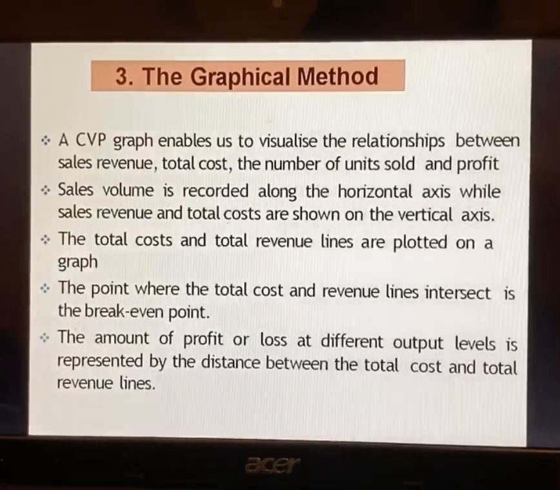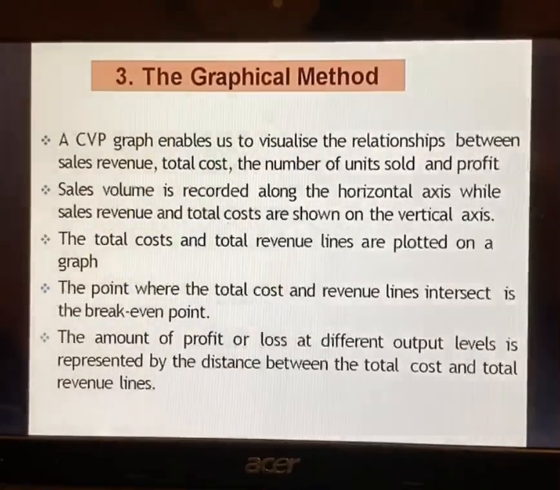The total cost and the total revenue lines are plotted on the graph. The point where the total cost and the revenue lines intersect is the break-even point. The amount of profit or loss at different output levels is represented by the distance between the total cost and the total revenue lines.